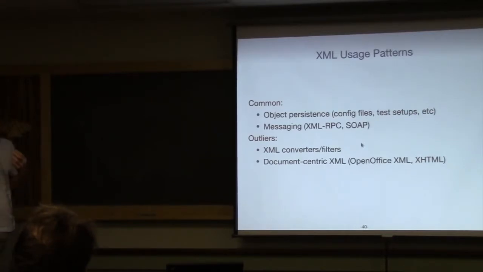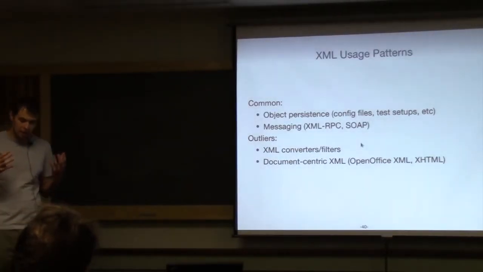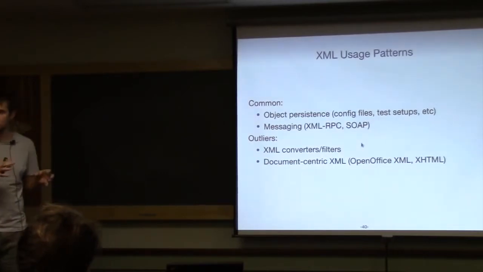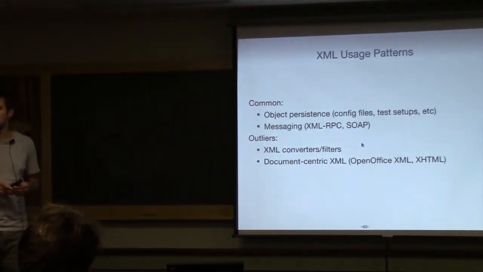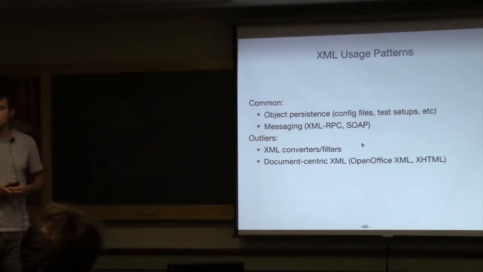It's a bit fuzzy what the distinction is between document-centric and data-centric. Usually a good way to define it is: does your XML vocabulary have mixed content? Do you have text mixed with elements in your config files? I would expect the answer is yes. So you have some text and then some elements going right after it.